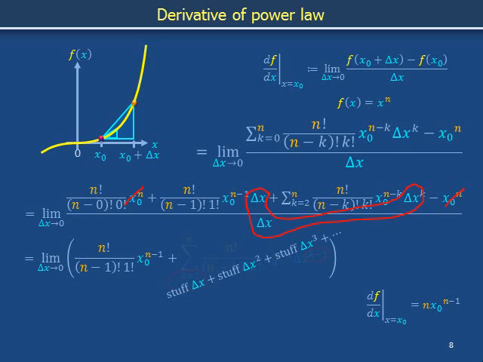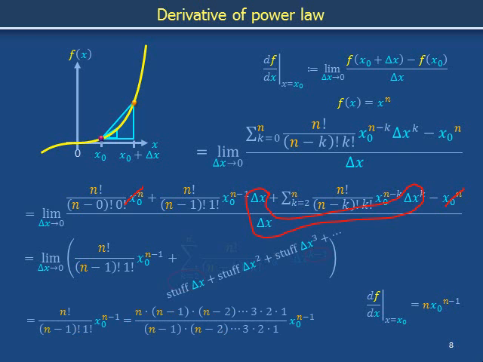As delta x approaches 0, the sum, with the first term n factorial over n minus 1 factorial times x naught to the n minus 1, plus all of these powers of delta x, becomes arbitrarily close to just n factorial over n minus 1 factorial times x naught to the n minus 1 power, which itself can be written out using the definition of a factorial in factors, descending in the numerator from n, and in the denominator, descending from n minus 1 and from 1.